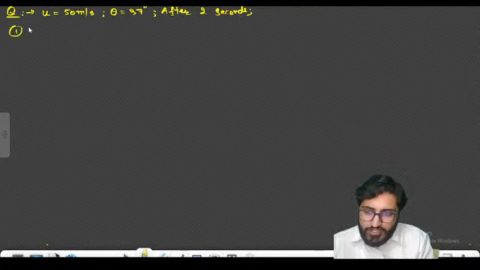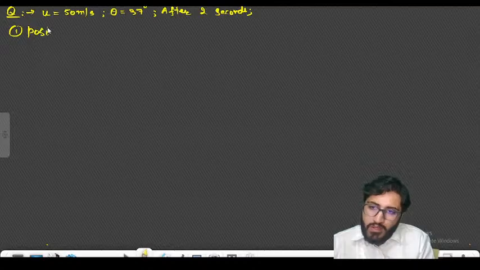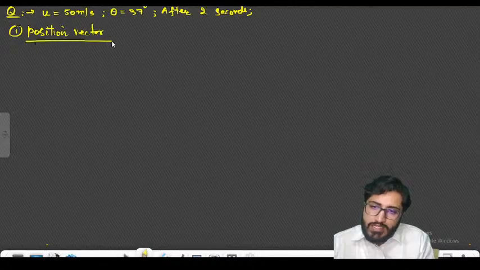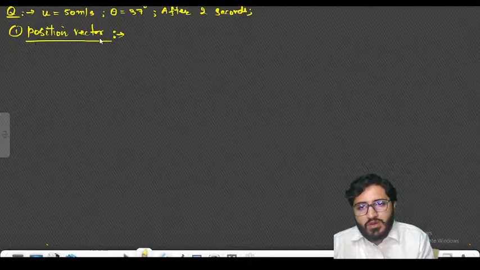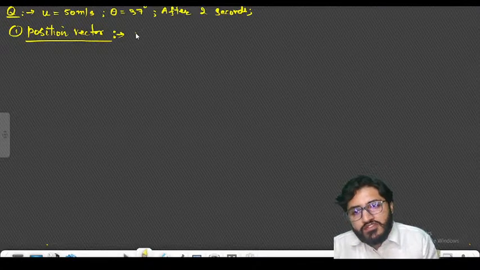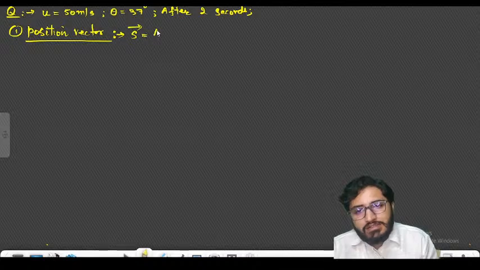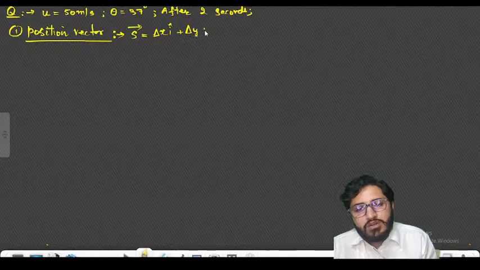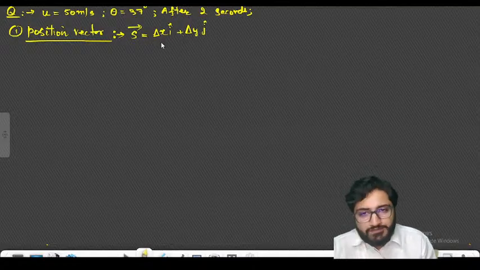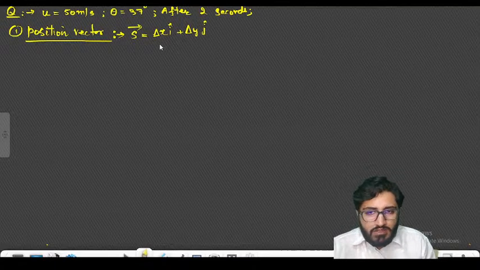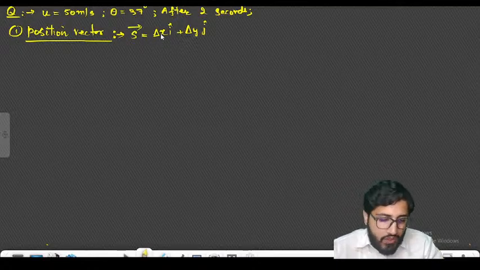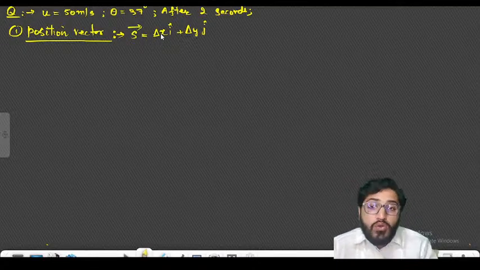First thing, what is the position vector? Look now. Position vector is the x vector: delta x i plus delta y j. Then, if you need to elaborate the whole equation, how do you write it?